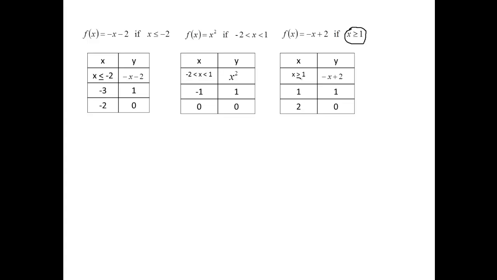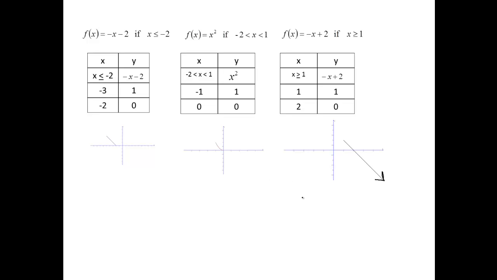So again, we'll take some x values that fall inside that range where x is greater than or equal to 1. So like, for instance, 1 and 2. And the corresponding y values then will be 1 when x is 1 and 0 when x is 2. Just plugging into the function here. And then here's this piece of that graph, and this would continue on forever like this.